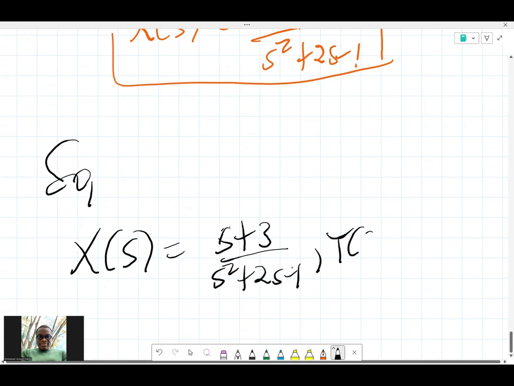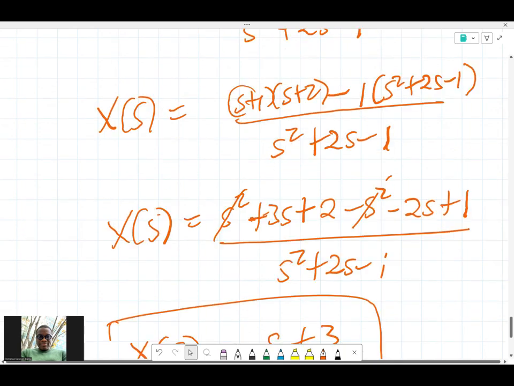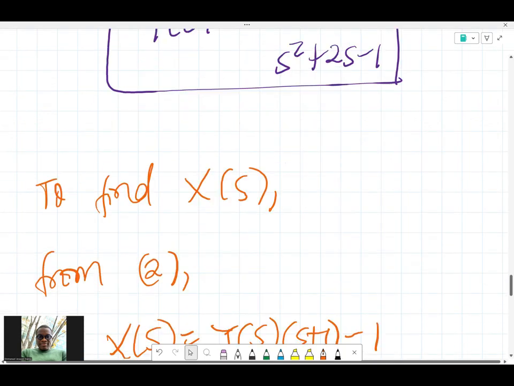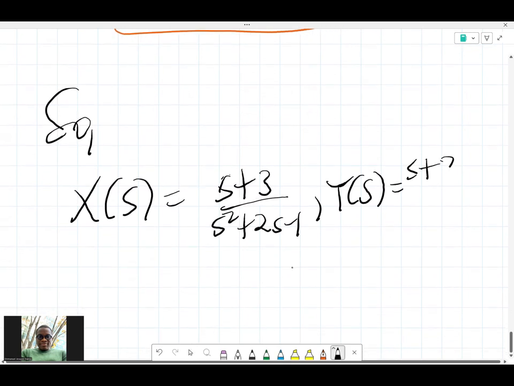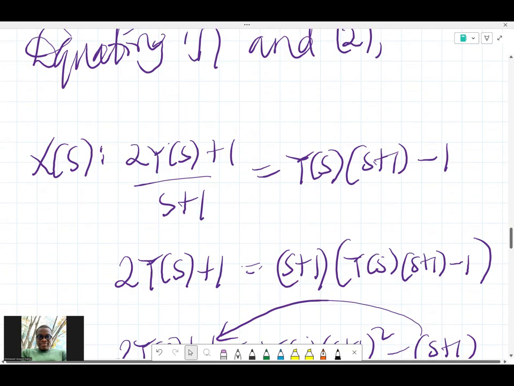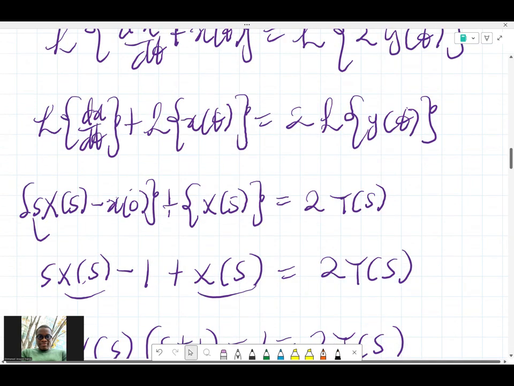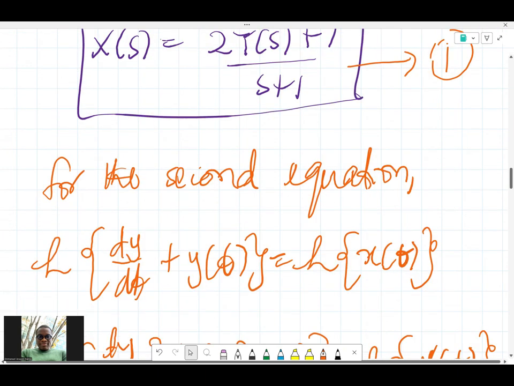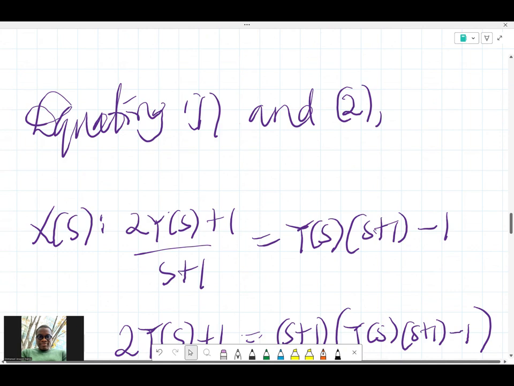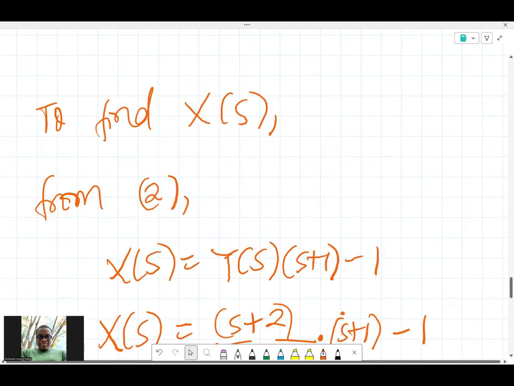And y of s is s plus 2 over the same thing. So this is s plus 2 all over s squared plus 2s minus 1. So that's step one all along, right? We take the Laplace of both sides and find x of s and y of s.